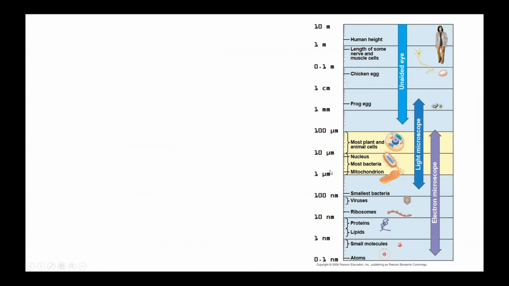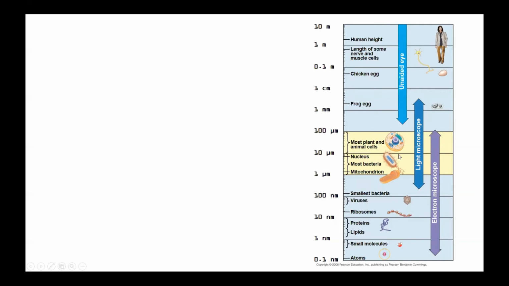Okay, so I'm not typically a fan of having you guys memorize these numbers, but more just kind of think about your experiences. You know that you could see a person without any help from a microscope. You know that you could see a chicken egg without any help, and a frog egg probably too. Okay, we know that we've had enough experience with light microscopes that we can see cells.